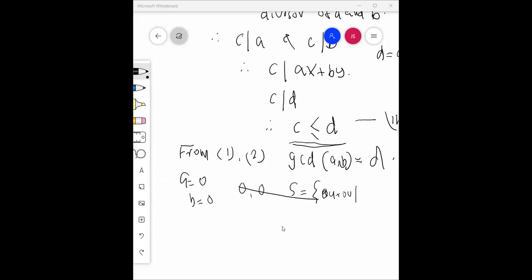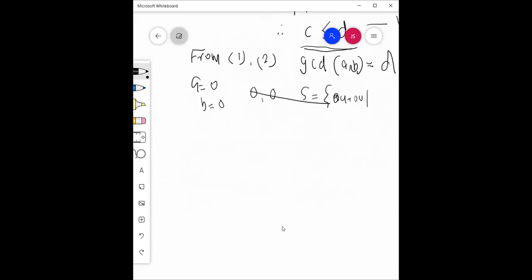Of course, if you take any two integers A, B, right? What about the common divisor? Does a common divisor exist for any A, B belongs to Z?